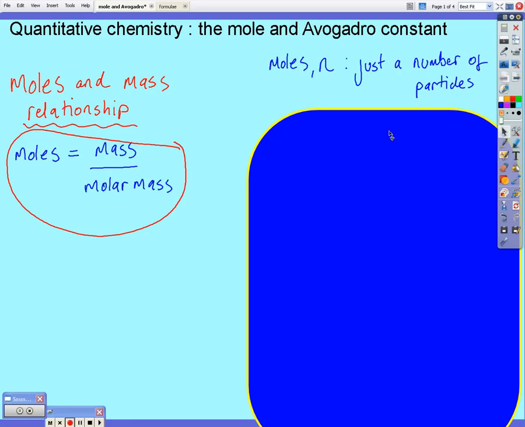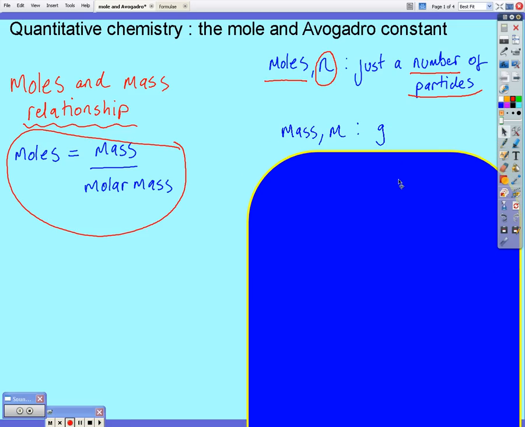It's just an amount of substance. If we're ever asked to find an amount of something in chemistry, we want to know how many moles we've got. We use the symbol lowercase n when we're referring to moles, and it's just a number, and it's nearly always going to be a number of particles.